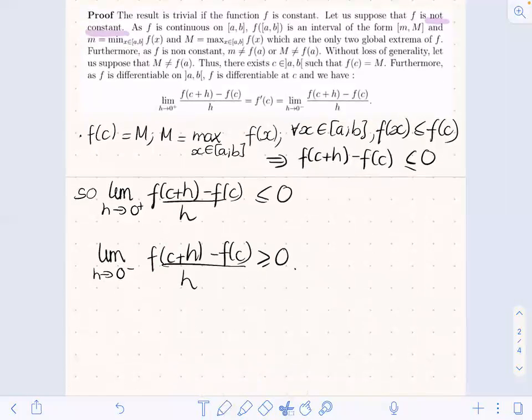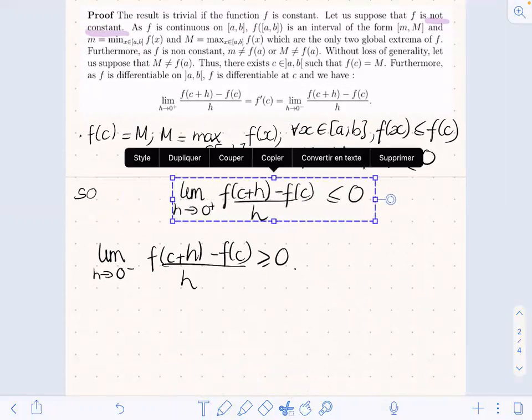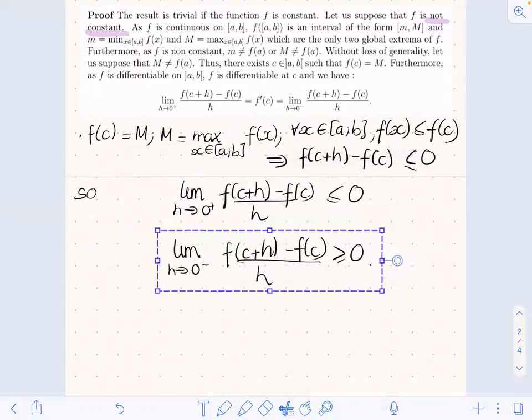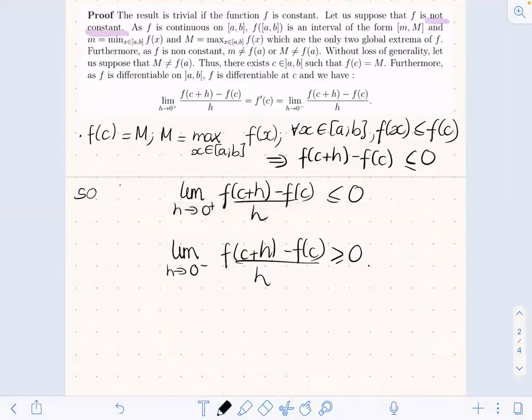So if we take a look at what that means, if I just shift this, we've got two inequalities. You know that f prime of c, as you're differentiable at c, is equal to the right-hand limit and equal to the left-hand limit. And we've got two different signs for f prime of c. So what can we deduce about f prime of c for it to satisfy these two inequalities?